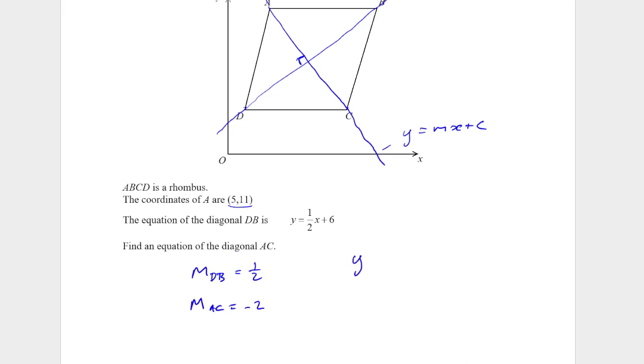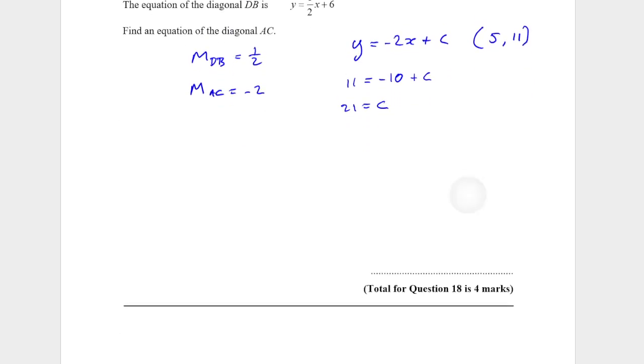So we've got so far y is equal to minus 2x plus c, but we know that it passes through the point 5, 11. So 11 is going to be equal to minus 2 times 5, which is minus 10, plus c. So add 10 on both sides, 21 is equal to c. So we've now got the equation of the line. The equation would be y is equal to minus 2x plus 21.